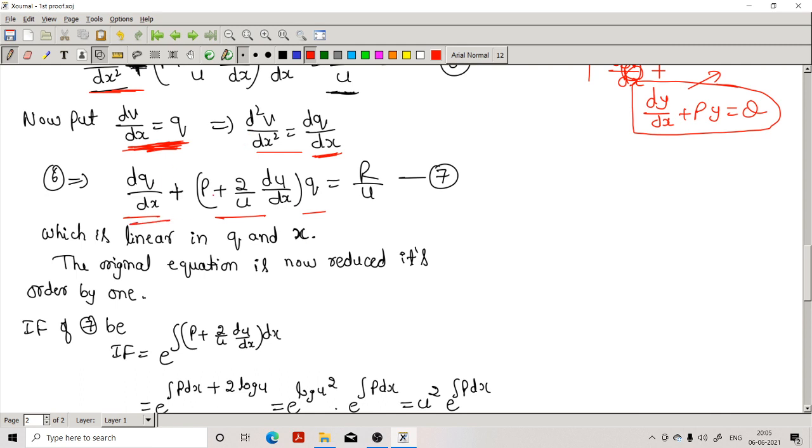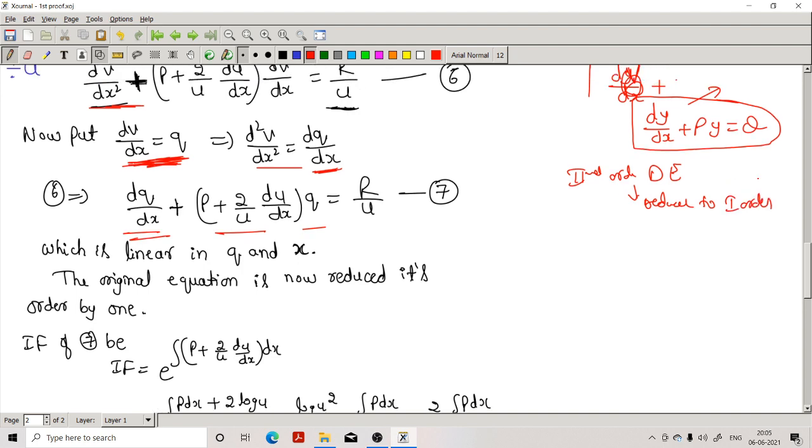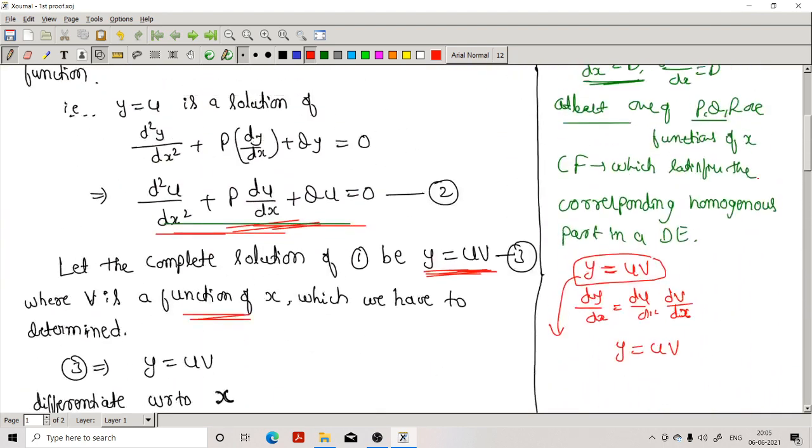See here, p is a function of x, u is a function of x. If u is a function of x, differentiate this, you will get the same function of x into q is equal to r by u. Therefore, the second order differential equation reduces to first order. Therefore the name reduction of order.